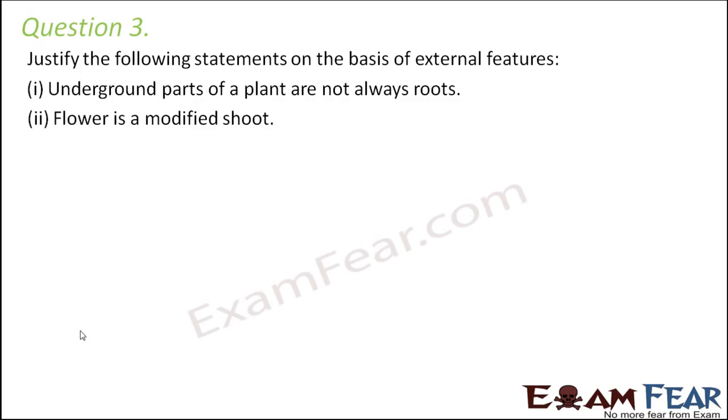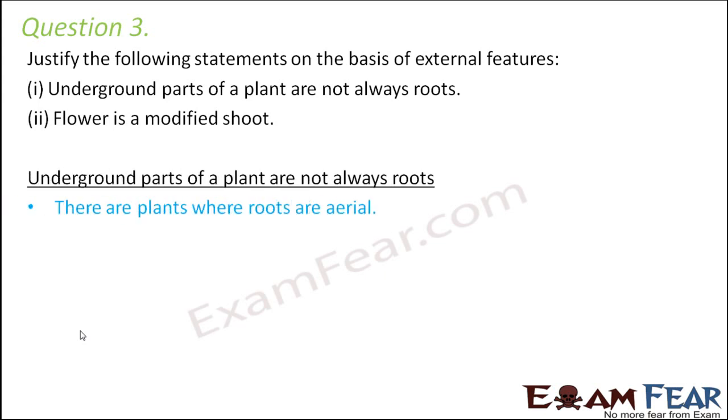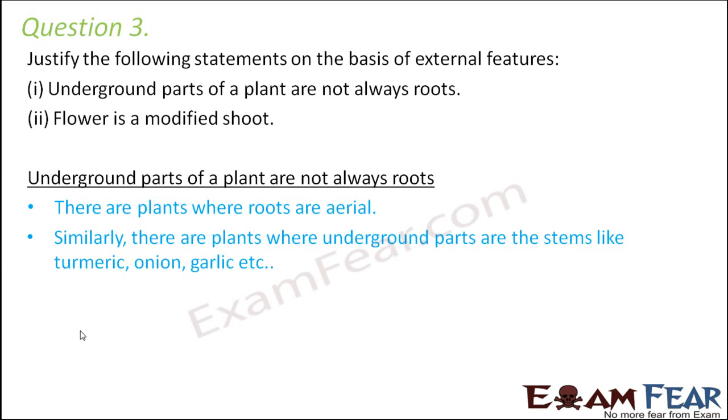At the same time, we have also seen that there are other parts of the plants which can be underground as well. For example, stems. We talked about underground stems, right? So underground parts of a plant are not always roots. They can be stems as well. There are plants where roots are aerial. Similarly, there are plants where the underground parts are the stems.